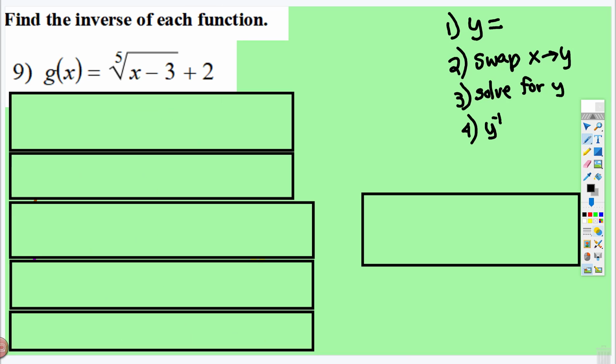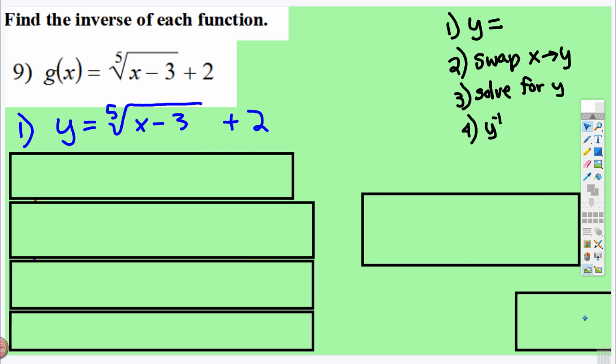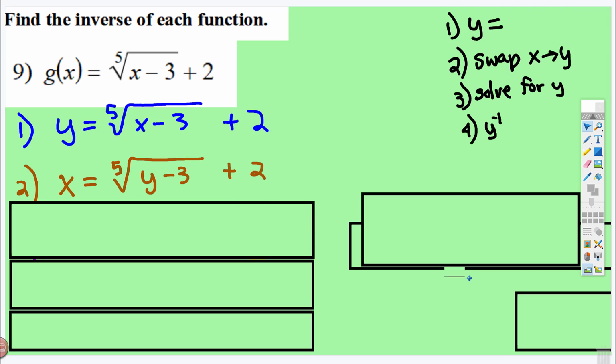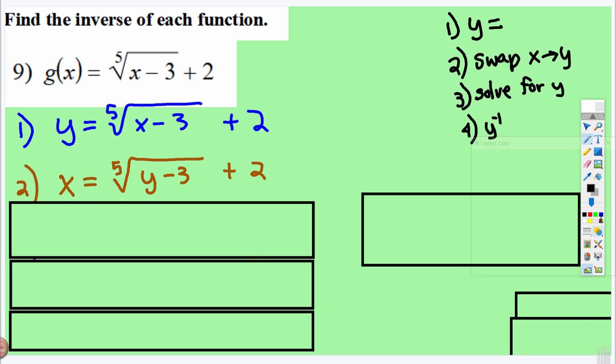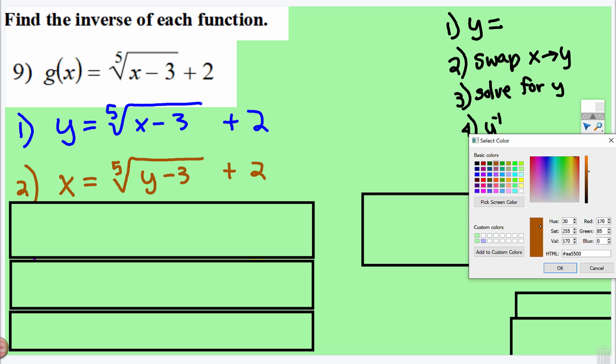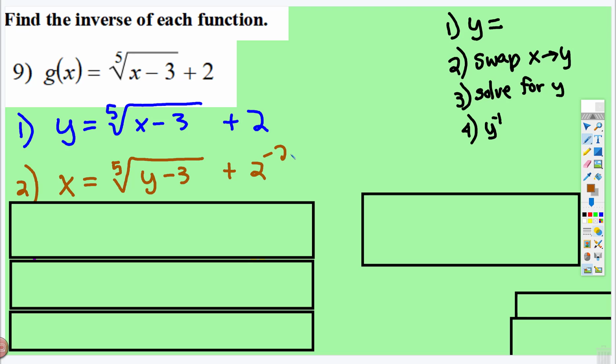Ooh, you've got a fifth root. Well, same thing. You're going to rewrite as y is equal. You're going to swap the x's and the y's. The x is here, y is here. Now that you've done that, you're going to subtract 2 on both sides.